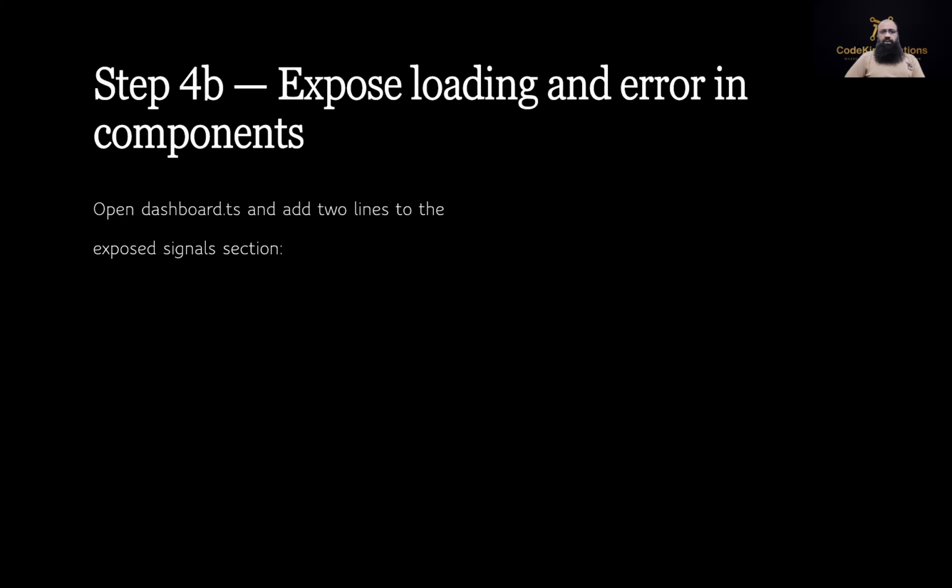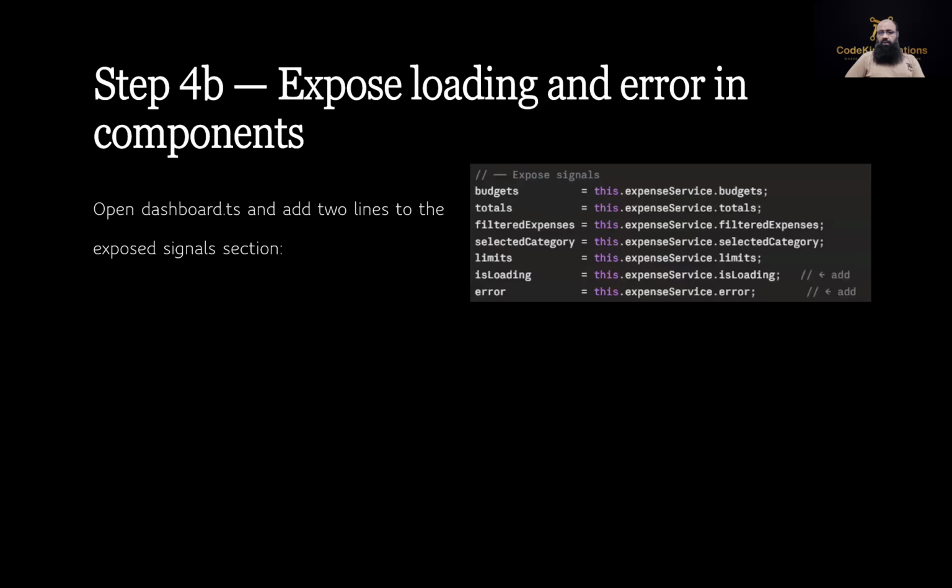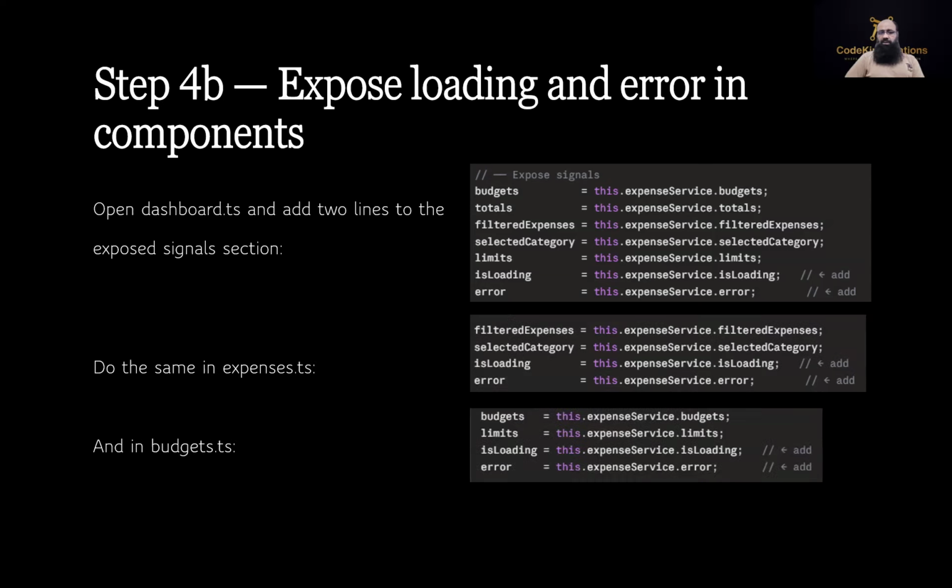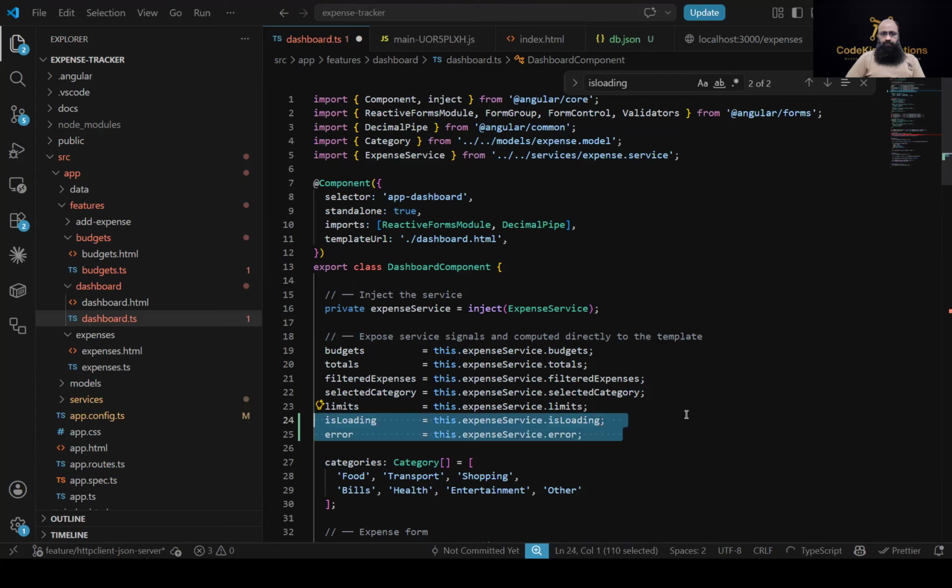Moving further, we need to modify our dashboard component as well. So we need to add this is loading and error lines over here. And the same needs to be done in the expense.ts and the budget.ts. So let me add it to all these TS files. You can see I have added is loading and error here in the dashboard. So let me add it to the other places too.